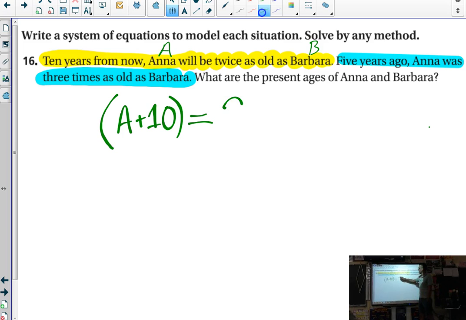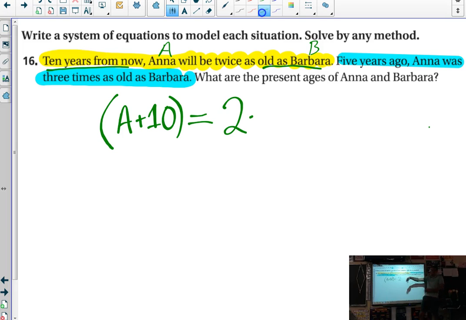Okay, so twice as old as what? Is it twice as old as Barbara right now or twice as old as Barbara then? Barbara then. 10 years from now, Anna then will be twice as old as Barbara then, right?